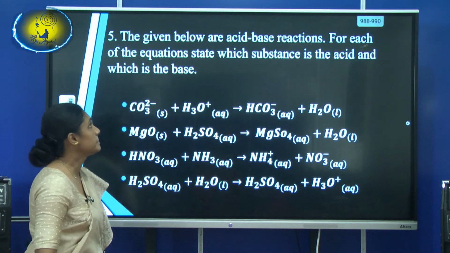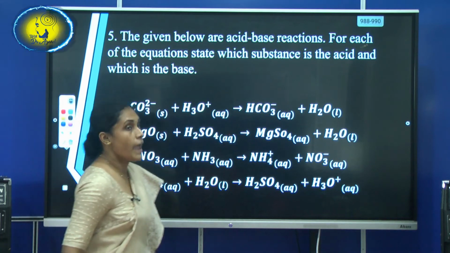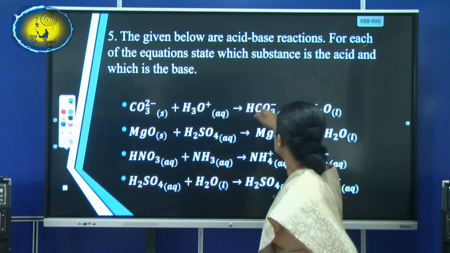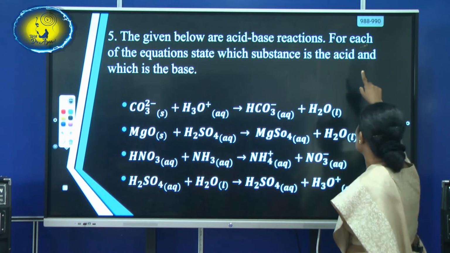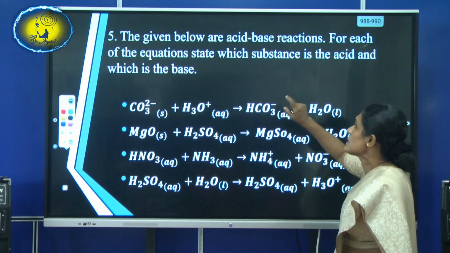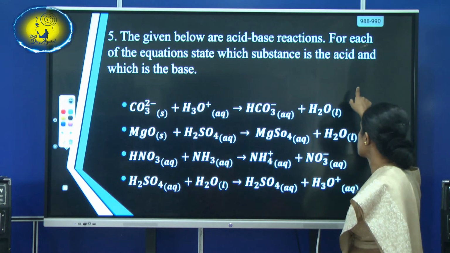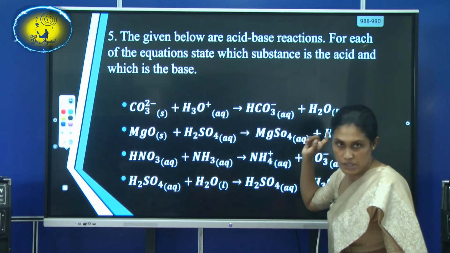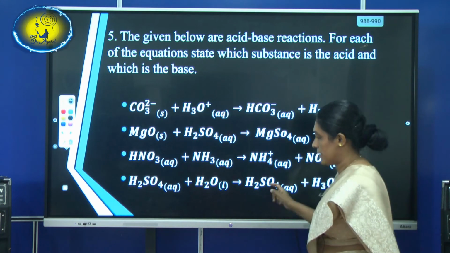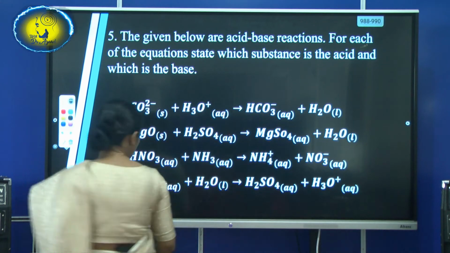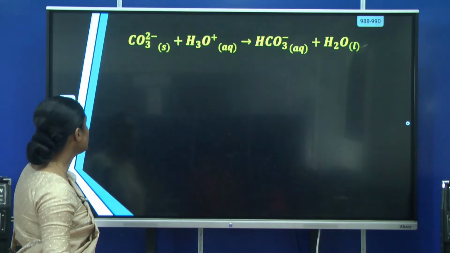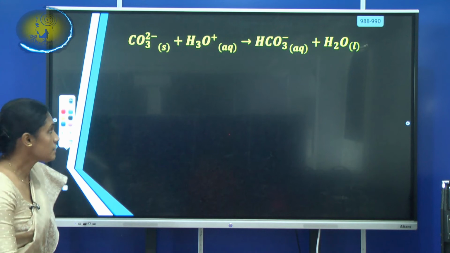Number 5. The given below are acid base reactions. For each of the equations state which substance is the acid and which is the base. Right. We will start from the first one. What is the first ion?